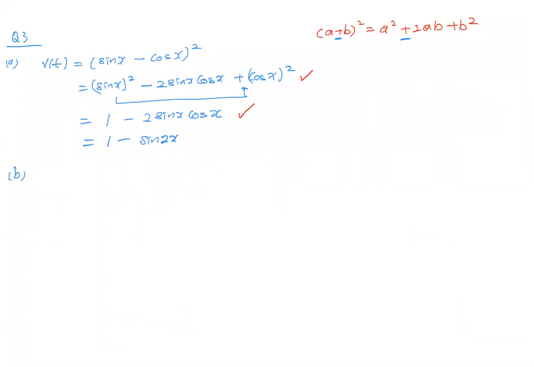You can either use 1 minus sin 2x or you use sin x minus cos x, the whole thing square, also can. Go to window 0 to 2 pi. Then do a zoom fit.